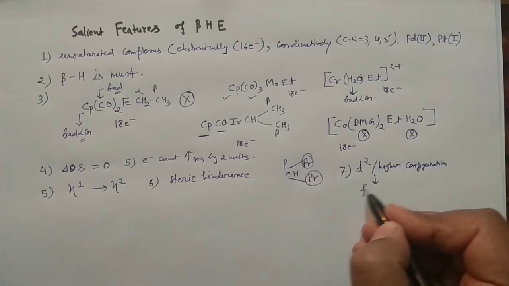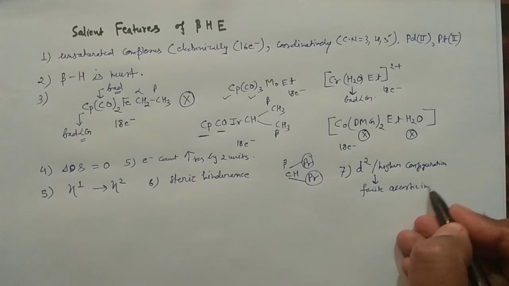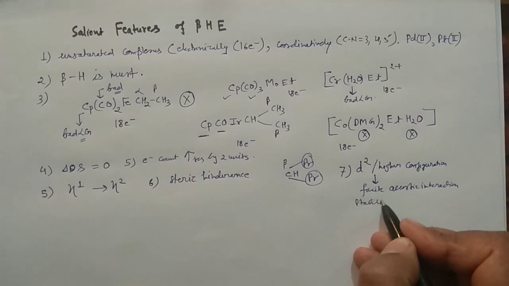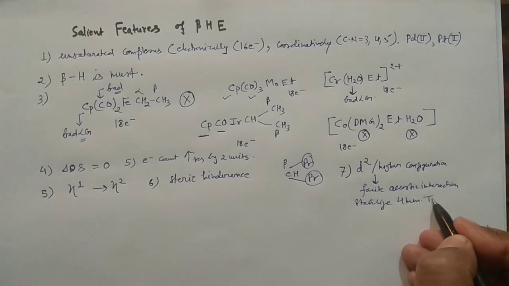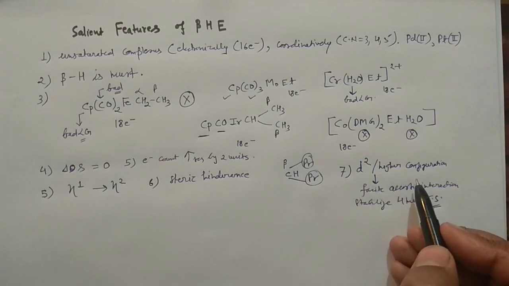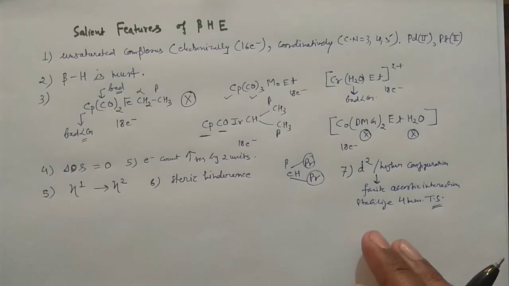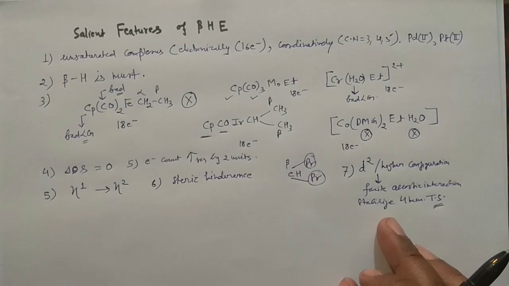Actually they facilitate agostic interaction, and they stabilize the 4-membered transition states. Thus they are very good at beta hydrogen elimination reaction. So this is another important point. Metals which have 2 or more than 2 d electrons facilitate the agostic interaction, which will stabilize the 4-member transition state, and these are very good at doing your beta hydride elimination reaction.